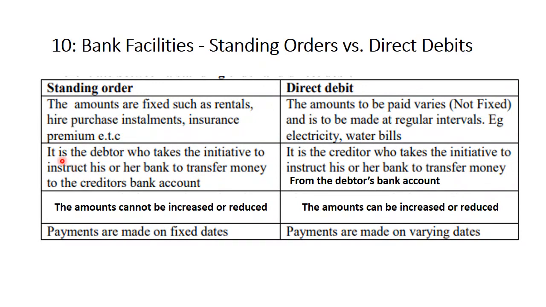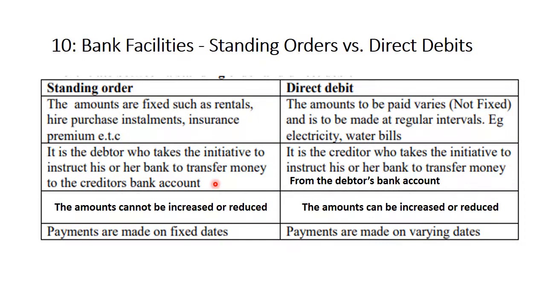The second difference is, in a standing order, it is the debtor who takes the initiative to instruct his or her bank to transfer money to the creditor's bank account. What does this mean? You who are supposed to pay someone money, you are the debtor.